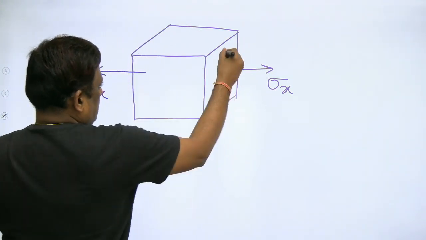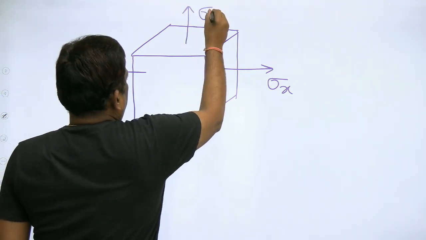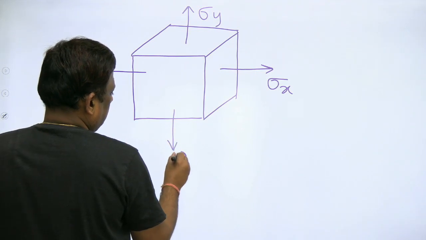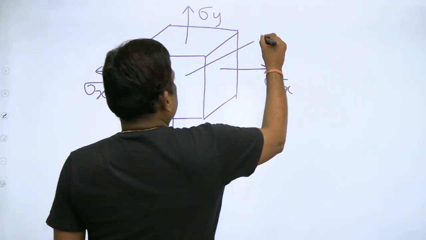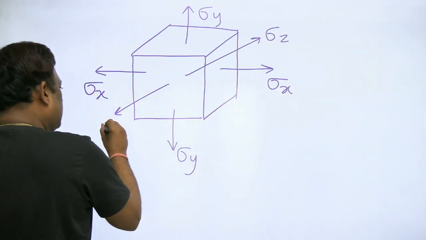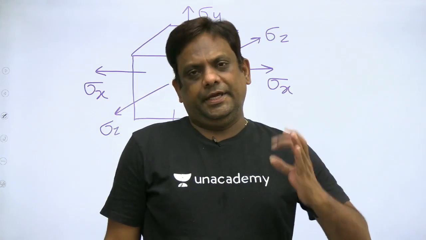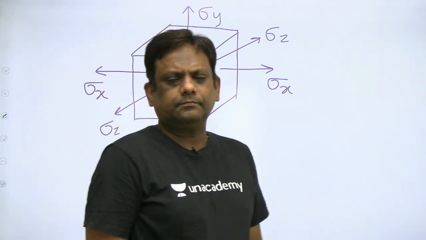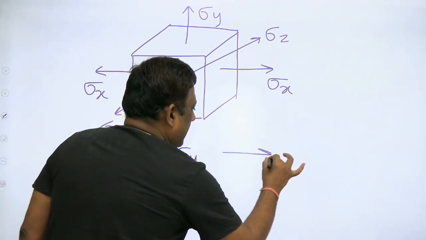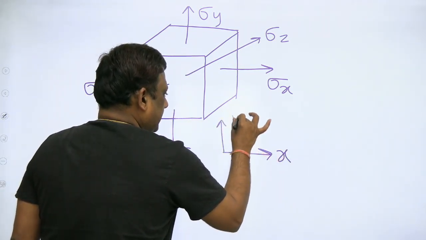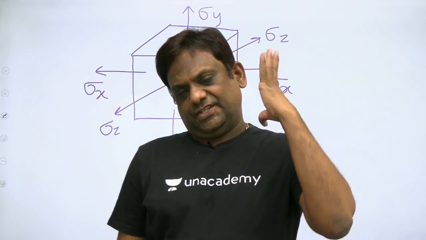As the areas are same, stress must be same. Let this be sigma y on the top and bottom face. Let this be sigma z, front and back. This is triaxial loading. Now, my principal directions are x, y, and z. These are my principal directions.